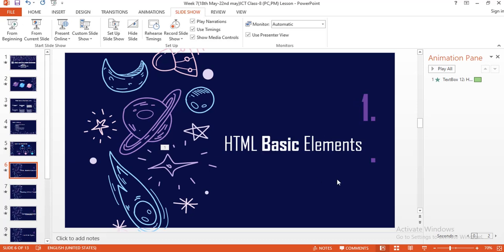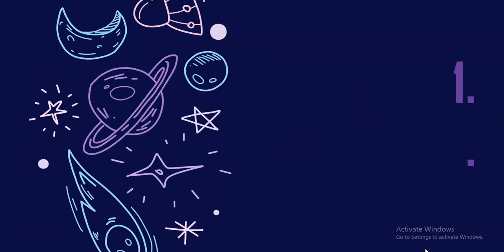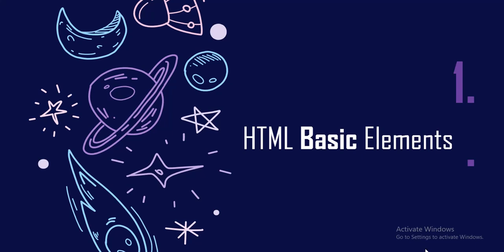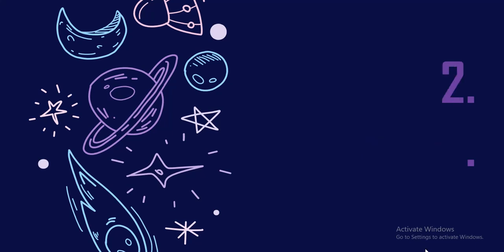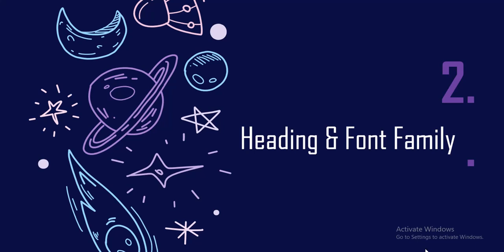Okay, so my dear students, first of all we have HTML basic elements. I will tell you step by step about all the learning objectives which I have added. Obviously we will discuss them in our lecture as well, but I will show you the practical implementation hands-on.